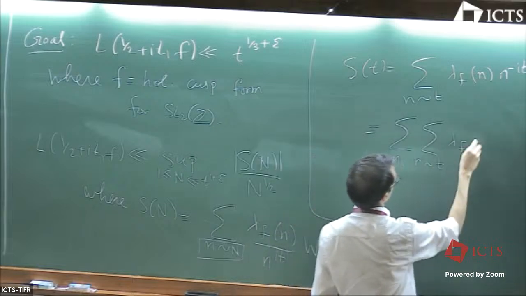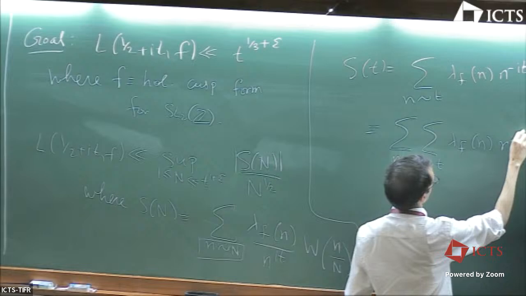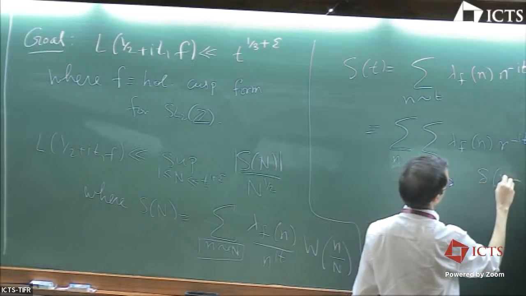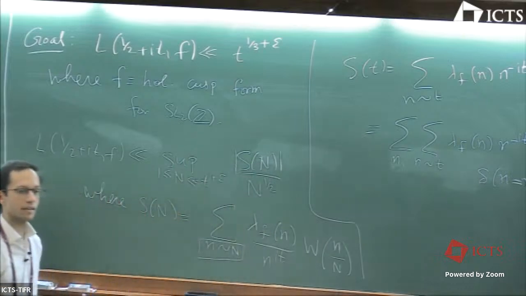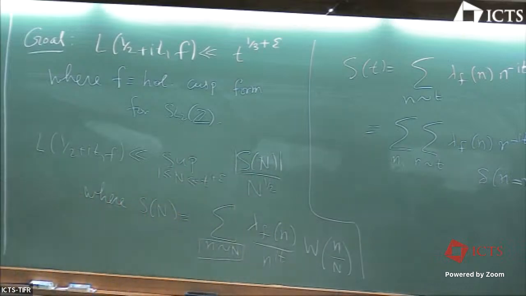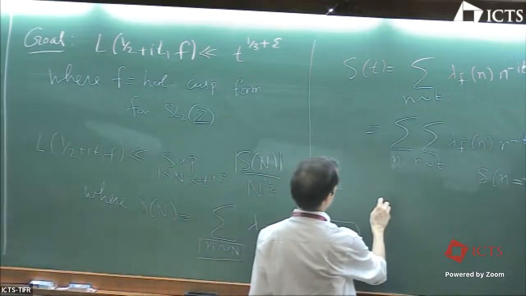So this was what we had left at the last time. We are now going to take this up and expand it out by writing out the delta symbol, and then see how we can manipulate these sums and what we can get.